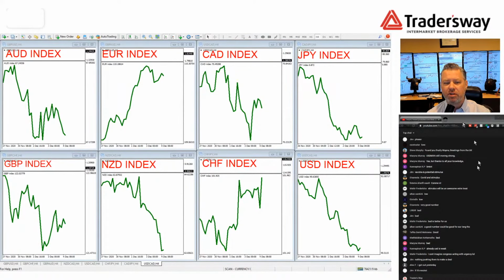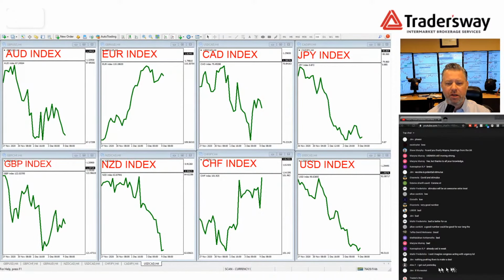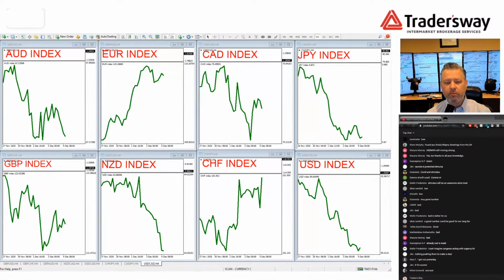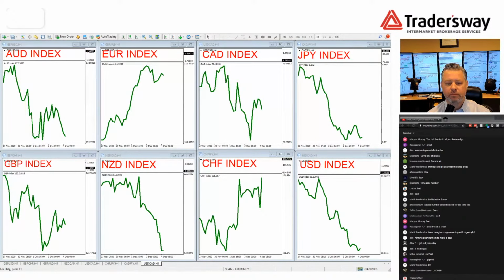So let me ask the room here, what currency pair is your number one focus right now? If I only covered one currency pair today, what would it be? What would you want it to be? Euro dollar, pound dollar, euro dollar. I guess that would be pound dollar.